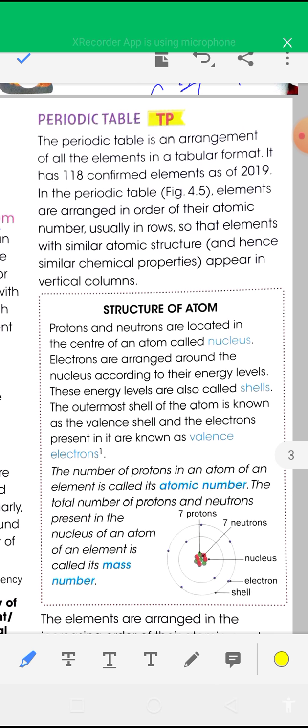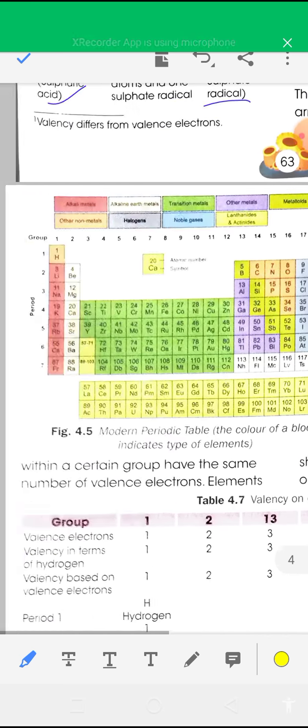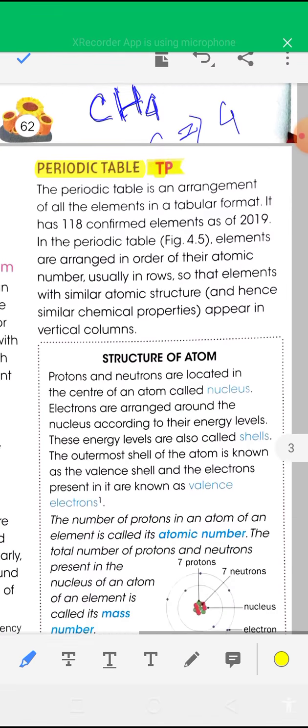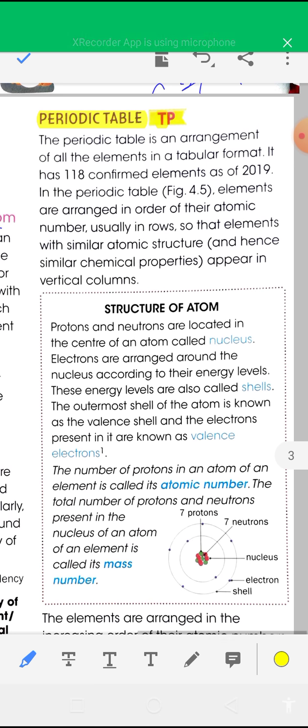Now the next topic is the periodic table. What is the periodic table? Here it is showing figure 4.5, the modern periodic table. It is the representation or arrangement of all the elements in a tabular form.